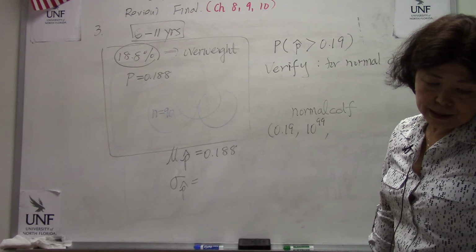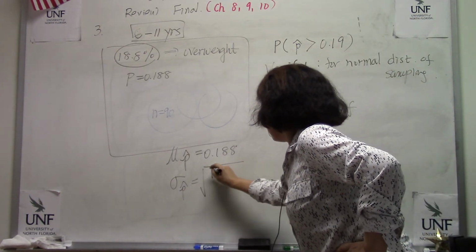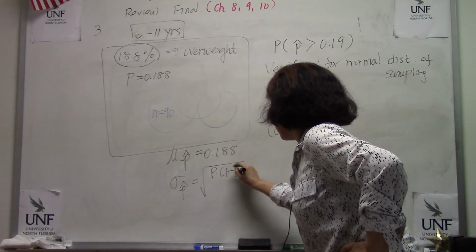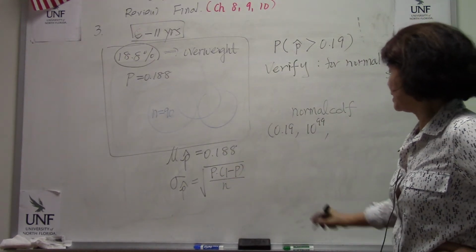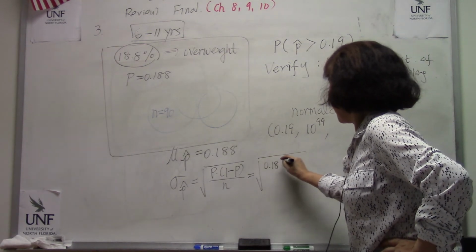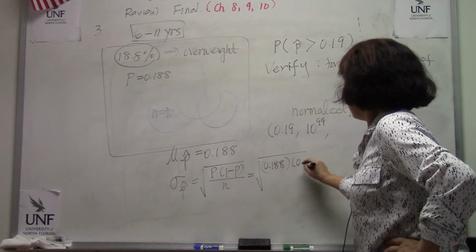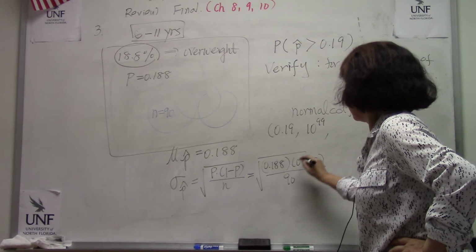By formula, it is the square root of p times 1 minus p over n: the square root of 0.188 times 0.812 divided by 90.